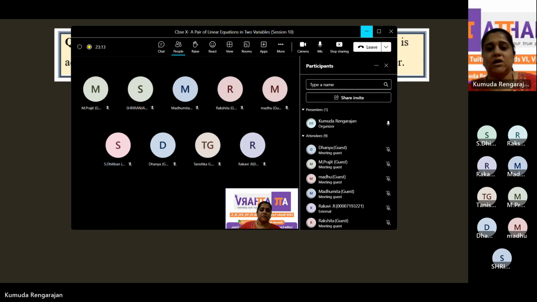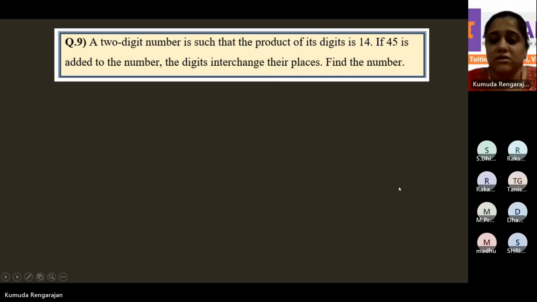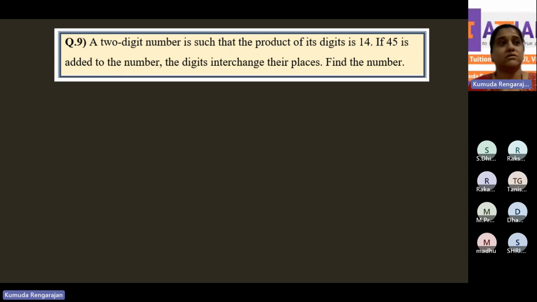Okay. All right, children, let's continue with the word problems. Write down this question, online students. A two-digit number is such that the product of its digits is 14. The others have not finished, no? Okay.